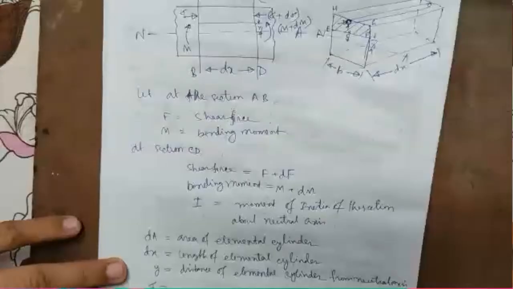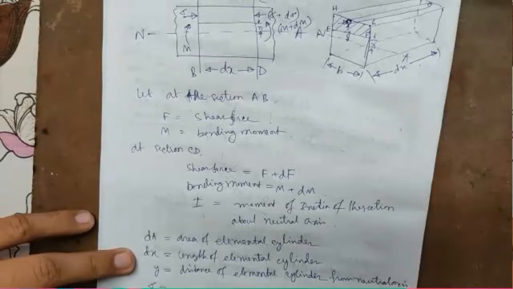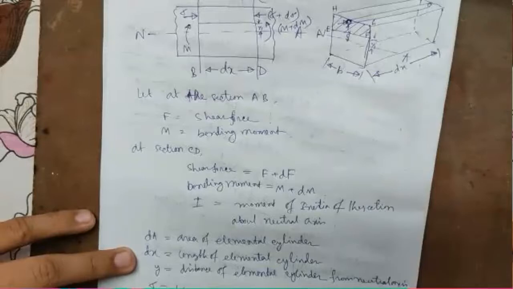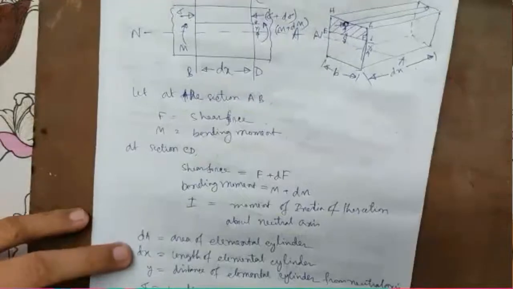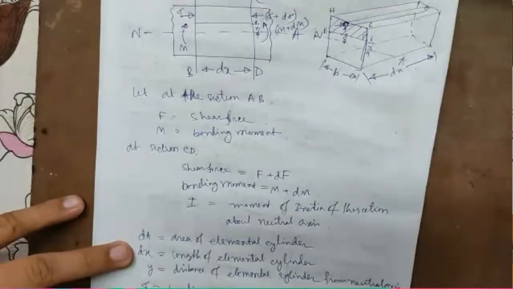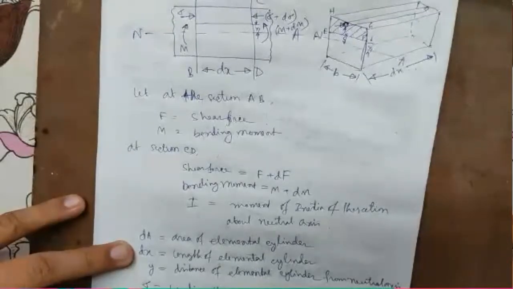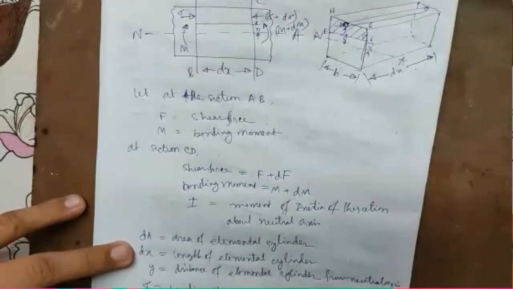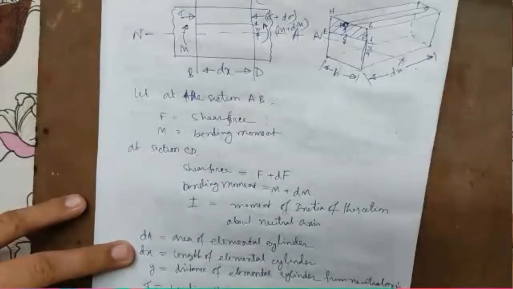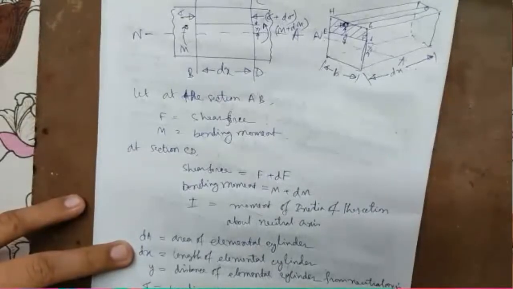Let sigma be the intensity of bending stress on the end of the elemental cylinder on the section AB.